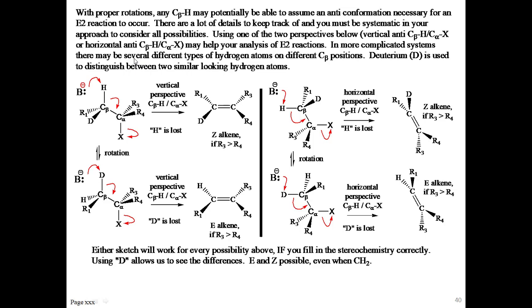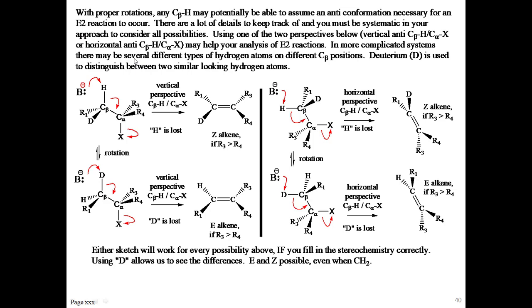So if we have a strong base nucleophile, the only way this reaction can work is anti-C beta H, C alpha X, because they're staggered and the orbitals are parallel, which they have to be to make the pi bond. Okay? Now, for this molecule, I picked 2 different hydrogens here that we can tell the difference between. One is hydrogen and one is deuterium, which is also hydrogen, but it has an extra neutron that we can distinguish.